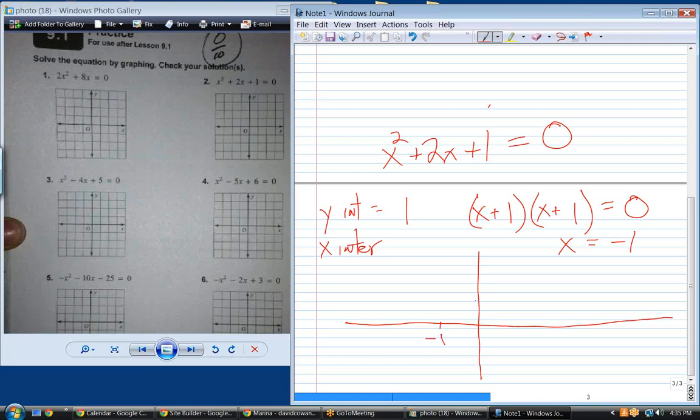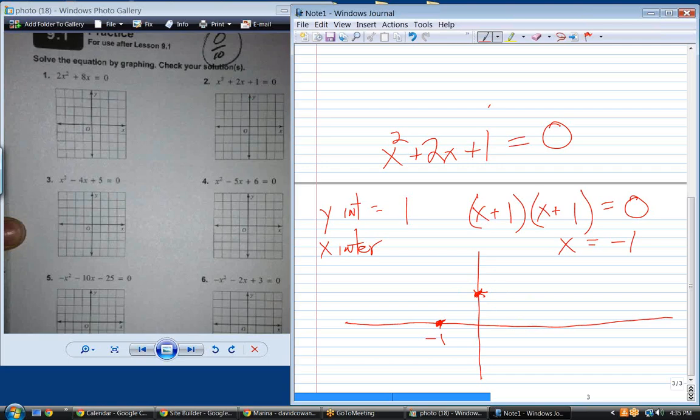So I have my y-intercept at 1. So I know the graph's got to go through that point. I know it's got to go through that point. And that's the only x-intercept I have, which tells me it probably goes down and kisses the graph at 1 and doesn't cross it. Okay, so I can pretty much graph it now.